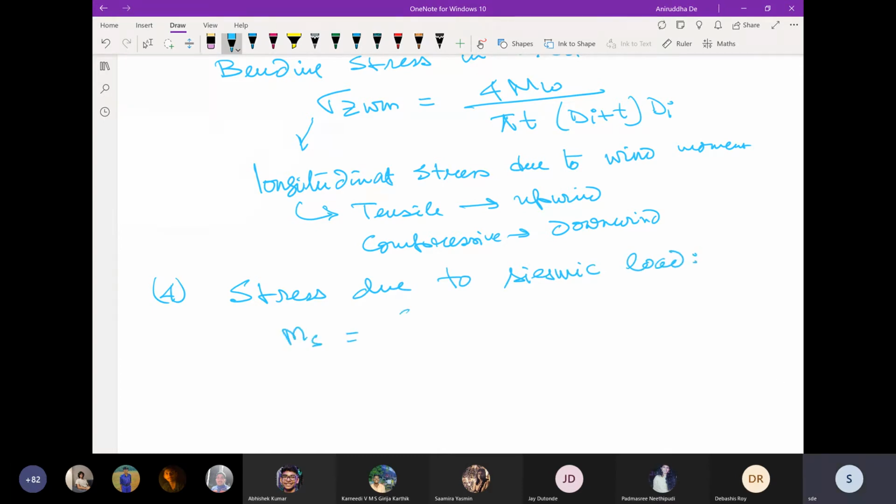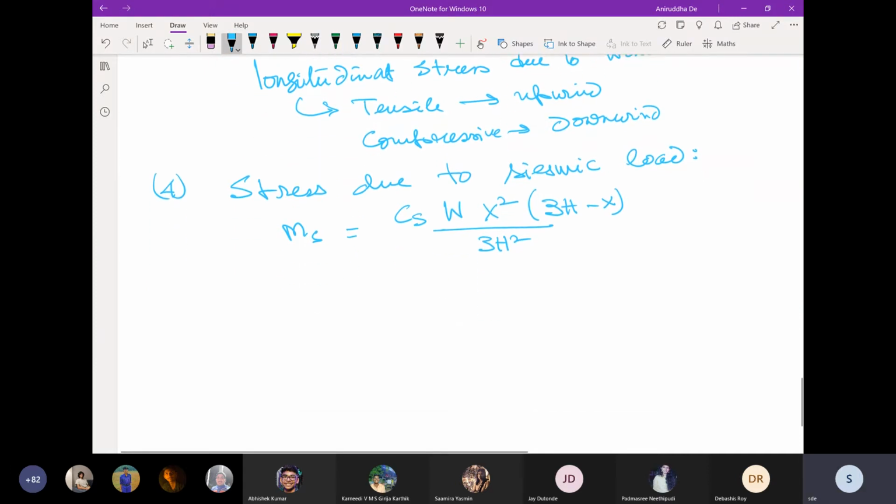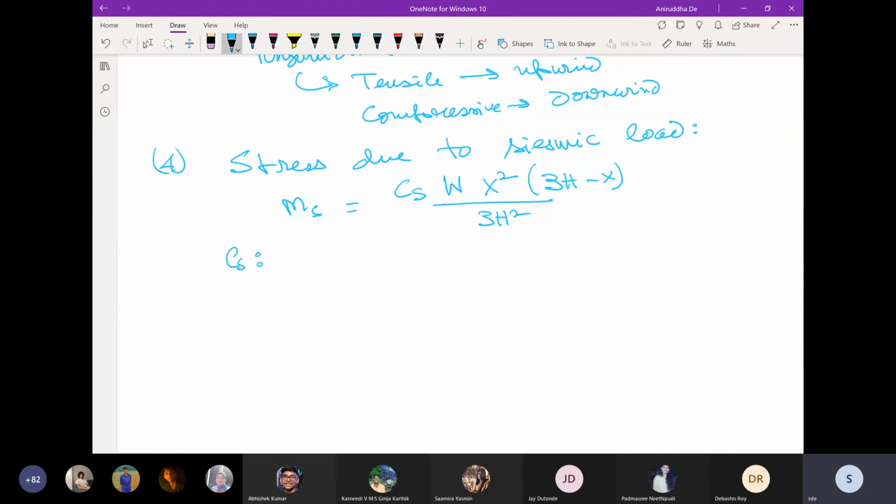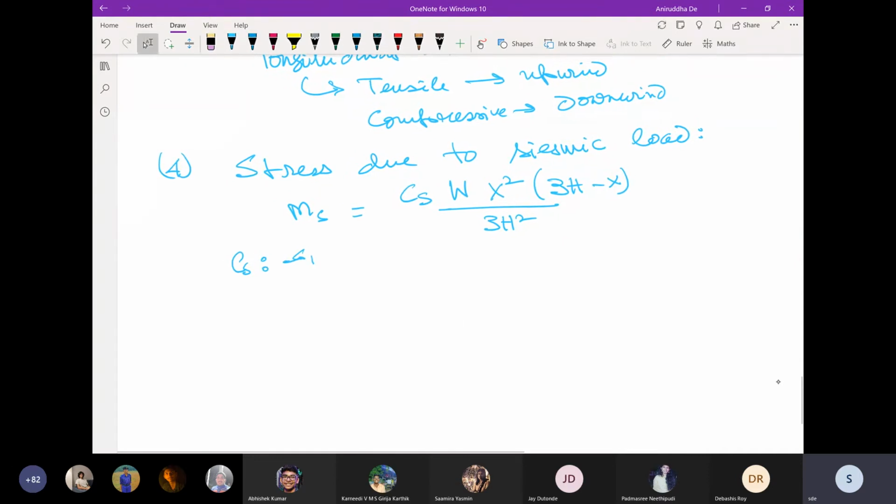MS is given as CS W x square (3h minus x) divided by 3h square. CS is seismic coefficient.